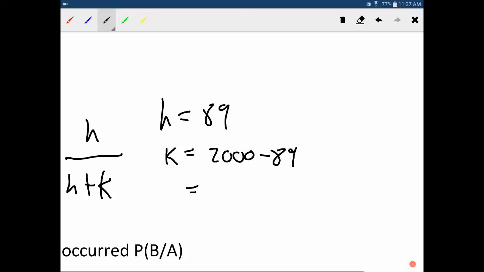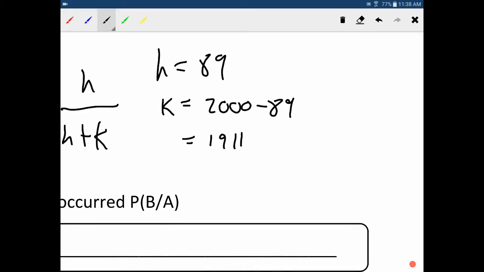In other words, it's going to be 1,911. If you had done it as 445 over 10,000, you would have gotten different numbers for H and K, and when you wrote it as odds, you'd be able to reduce the ratio. But anyway, this gives us the odds as 89 to 1,911.